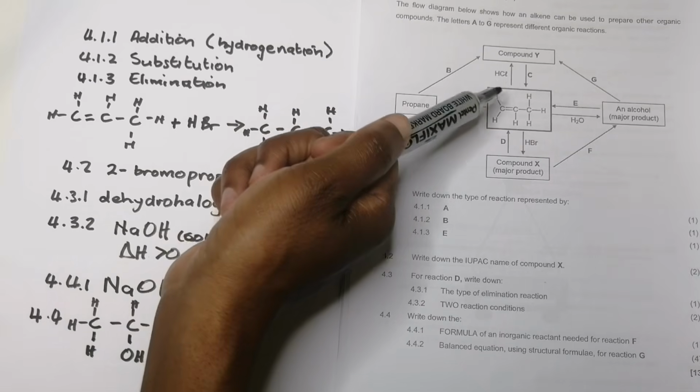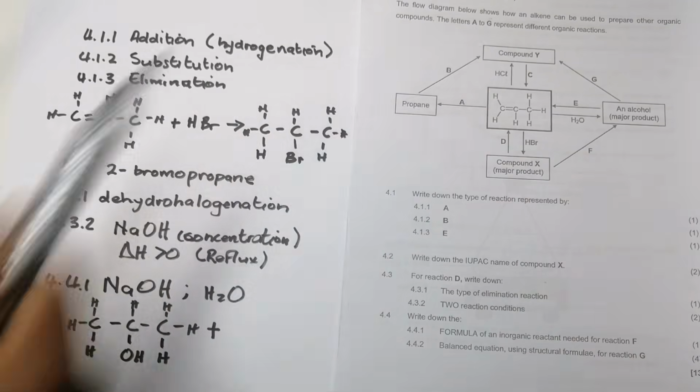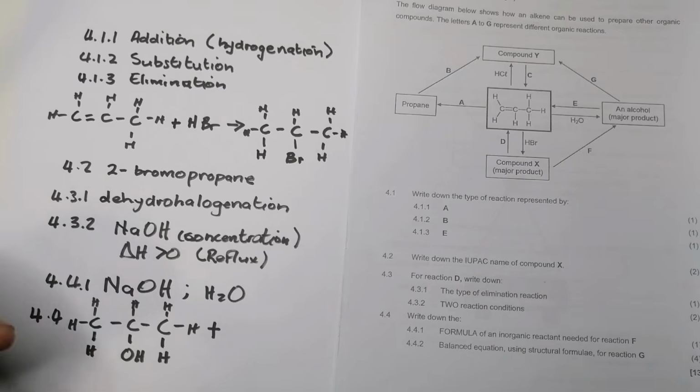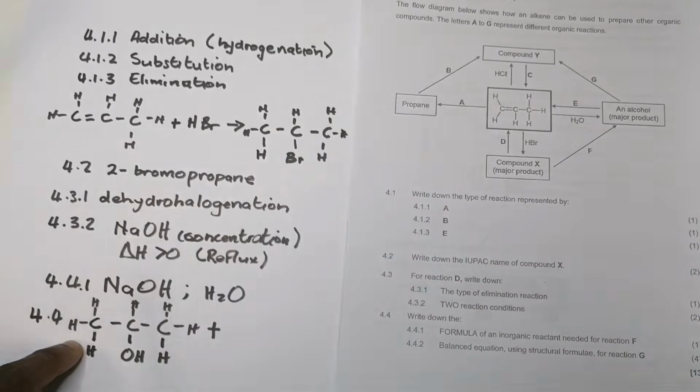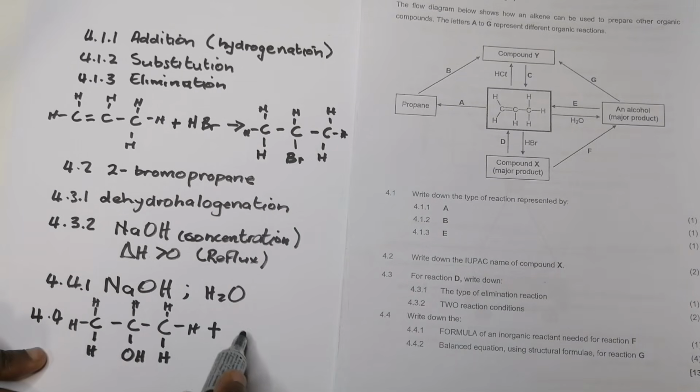So compound Y would be 2-chloropropane. So what would I need to react the alcohol with in order to form 2-chloropropane?